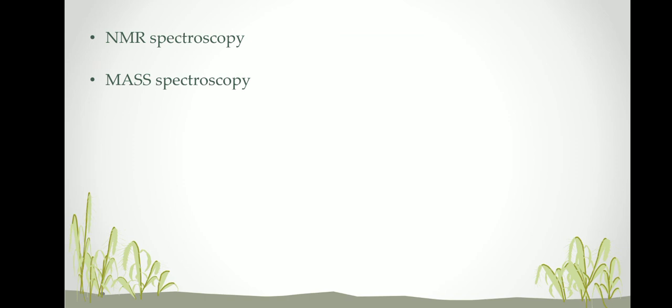By NMR spectroscopy, we detect the precursors or radioactive isotopes which are labeled with hydrogen 1 and carbon 14. Hydrogen 1 and carbon 14 labeled compounds can be detected by using NMR, and nitrogen 15 and oxygen 18 can be detected by using mass spectroscopic technique.